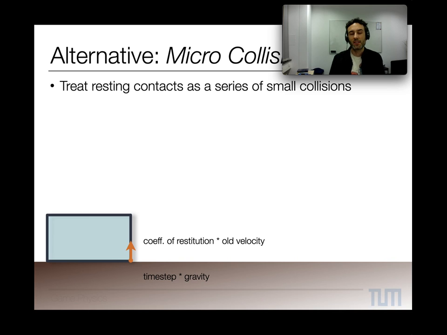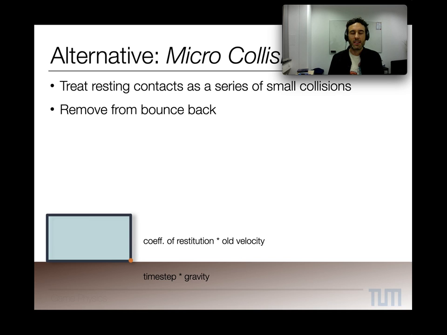well, if we would just compute a normal collision, we would actually get additionally a bounce back depending on the coefficient of restitution and the previous velocity of the object, right? It might not have yet fully come to rest. It might have had some residual small motion happening.